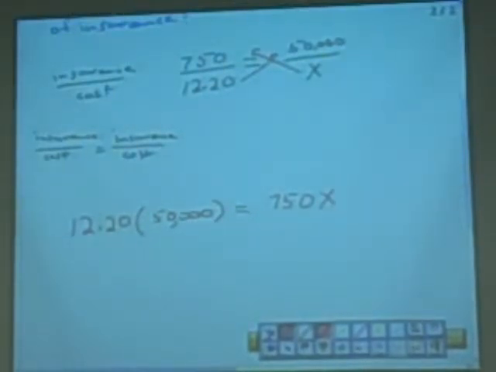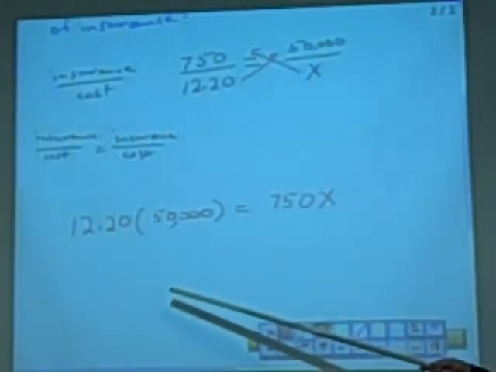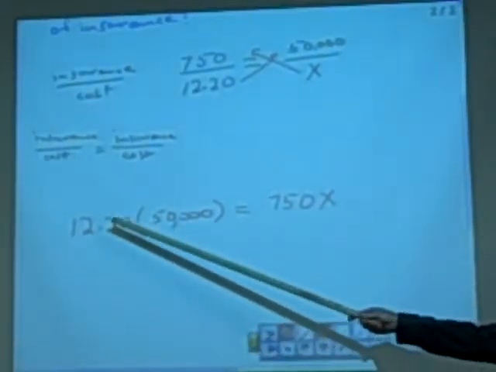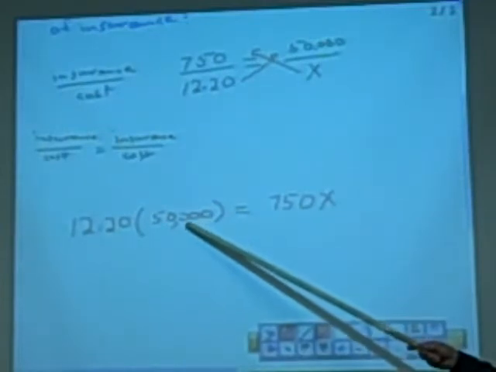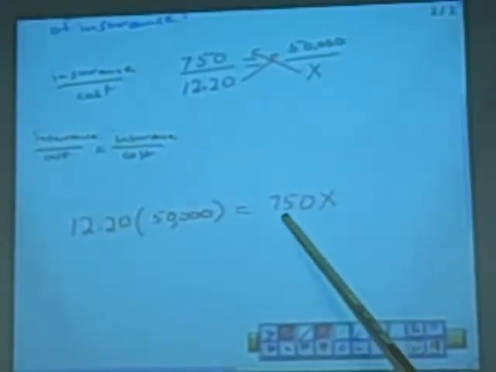Okay, now at this point, what I think is easier is you see how these are still small numbers, right? We haven't multiplied them yet. So don't multiply them, keep them small. What do we have to do with that 750?